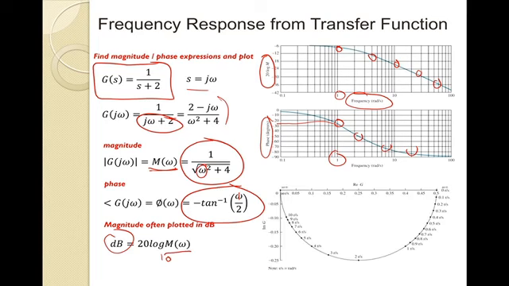Now this plot right here is a little bit different view. As I look at G as a function of j omega here, I first look at the real part of G and then the imaginary part of G. This is looking at my omega in terms of radians per second.